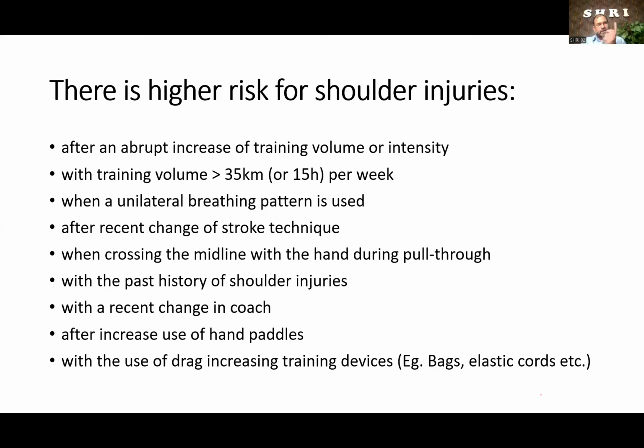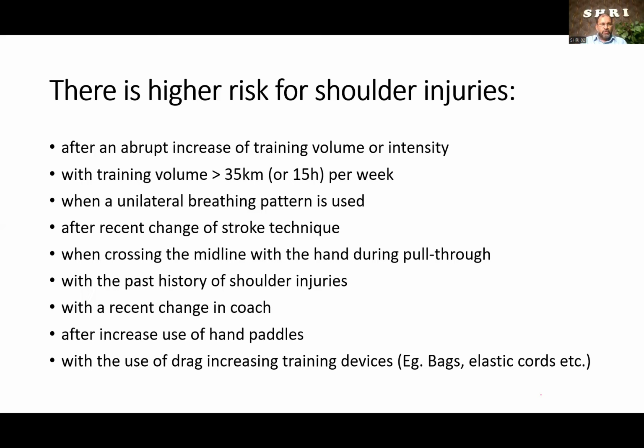They have to turn both sides alternately and breathe. That is the only good way. Then after a recent change of stroke technique, there might be a risk of shoulder injury. Then when crossing the midline with the hand during pull through. You all know pull through is the third phase of swimming.